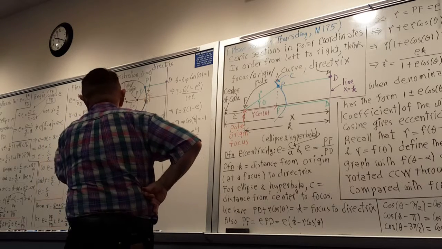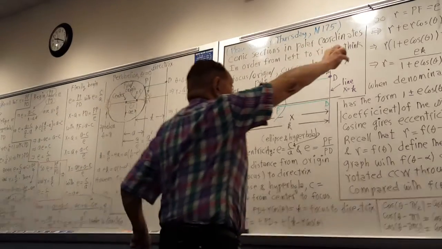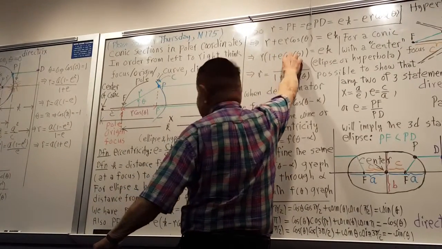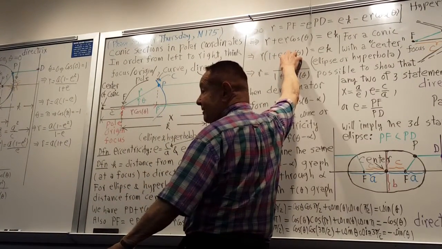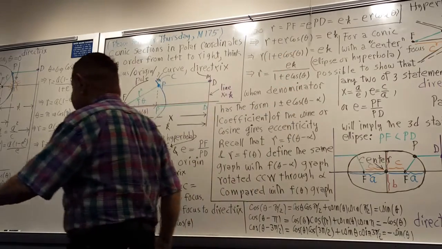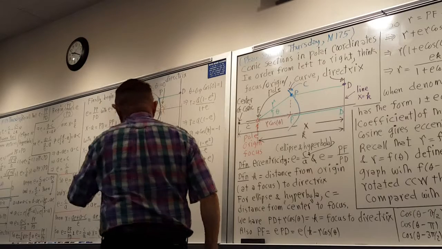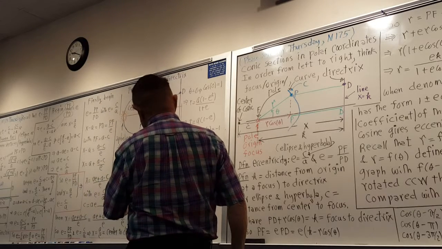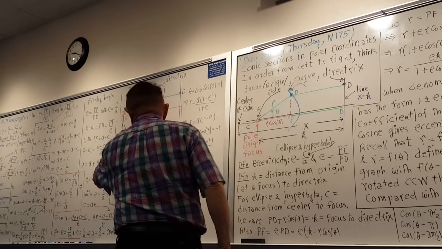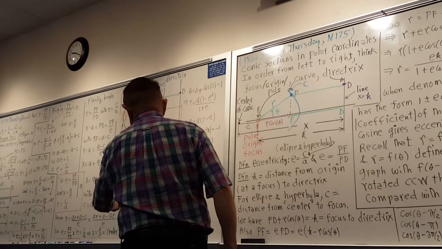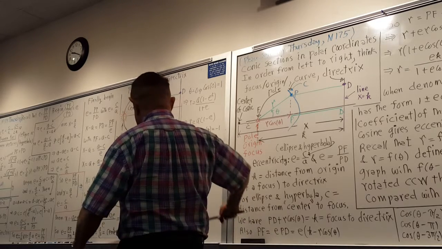So then EK, which is this numerator, which we haven't really done anything with yet, is what you'd get if you multiplied here and there by E. So you'd cancel, and you have EK is A times 1 minus E squared.